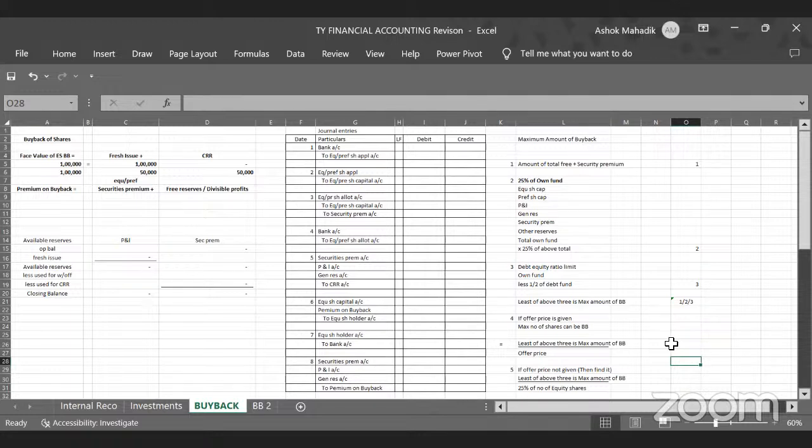So you always need an offer price. If it's given, well and good, you calculate the number of shares and proceed with the sum. Otherwise, you calculate the maximum offer price which can be offered, then calculate the number of shares. It will be the same 25% of equity capital, and you proceed with the sum. This way you can solve the sum.